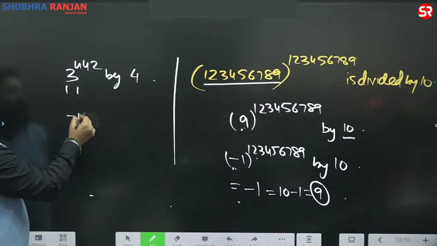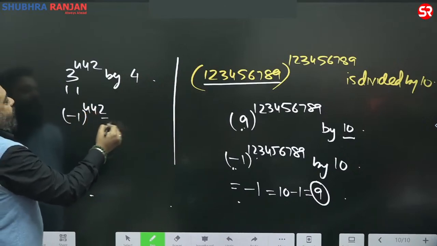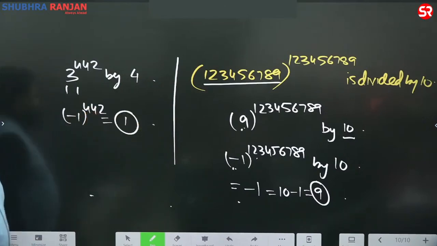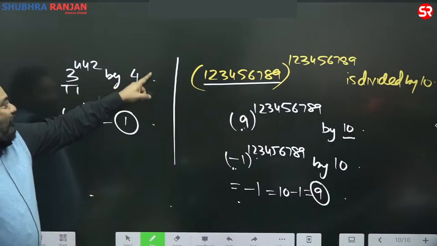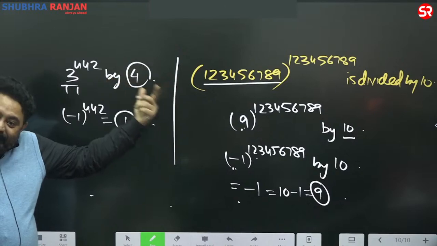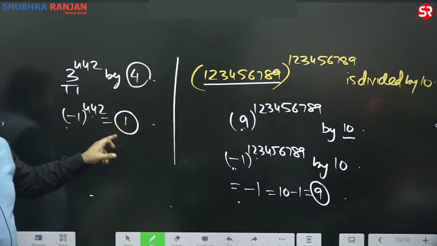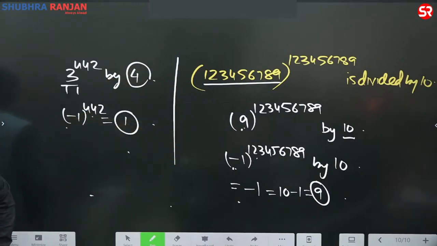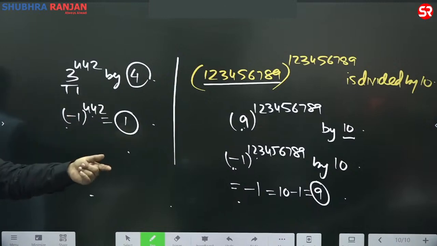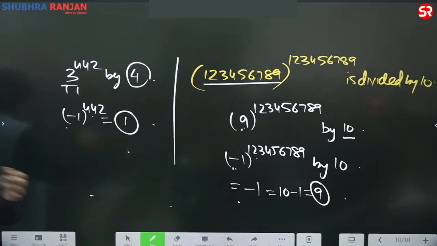Minus 1 raised to the power 442, the answer is 1. 3 when divided by 4, the remainder is minus 1. Minus 1 to the power even is 1. Clear? This is one thing that should strike you: negative remainder, minus 1. I can frame many questions with that.